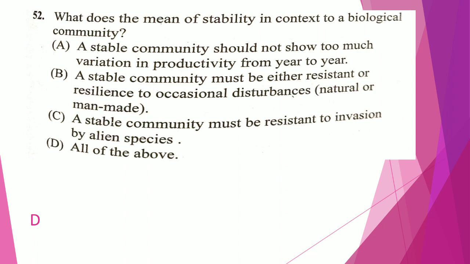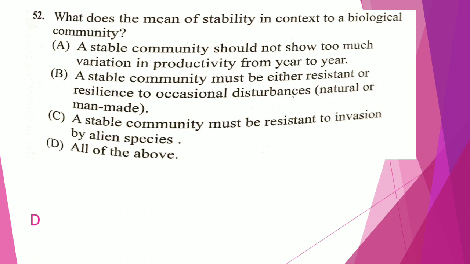Sometimes there are disturbances from natural or man-made activities. And alien species means different species, species not related to the environment, may come and live in the environment.